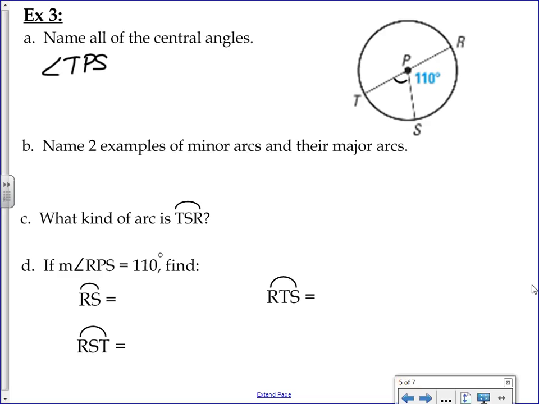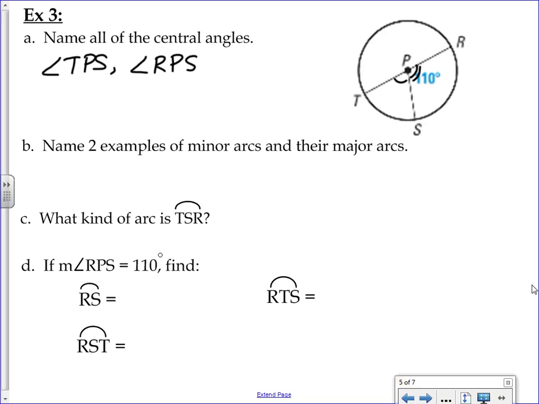Then you have the one next to it, RPS, on the right. And then we actually have a semicircle, TSR. So I'm going to label that as a semicircle. So there's two central angles here.